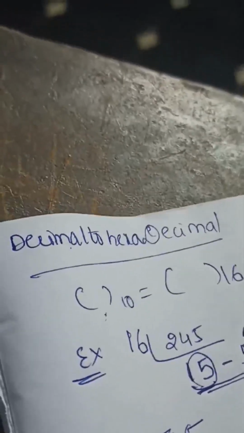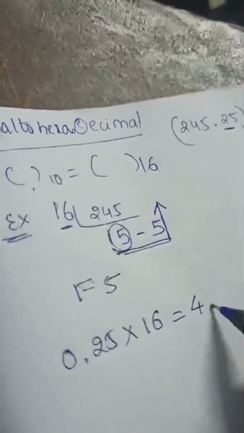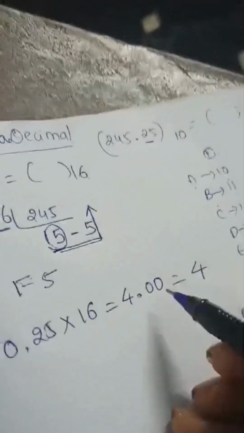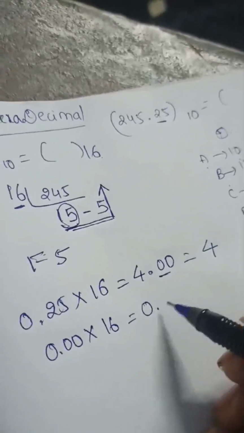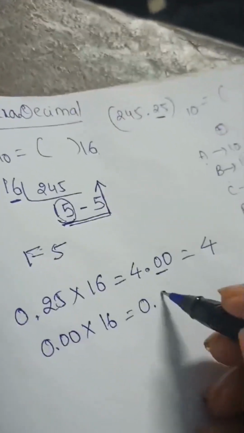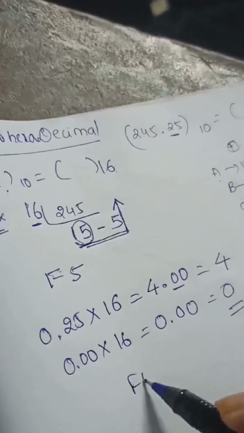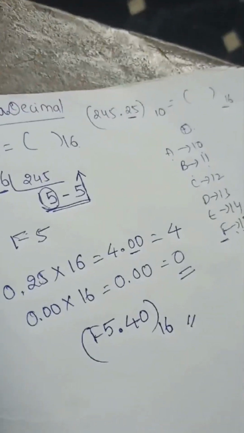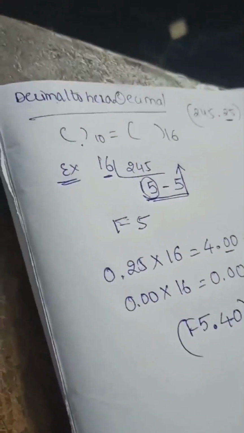Here we will take the 0.25 value, and multiply 0.25 by 16, which gives 4.00. As I previously said, 0.00 we may take or not, up to your wish. 0.00 equals 0. So the answer is F5.4 to the base 16. This is the final answer for decimal to hexadecimal. This is how we convert decimal into hexadecimal.